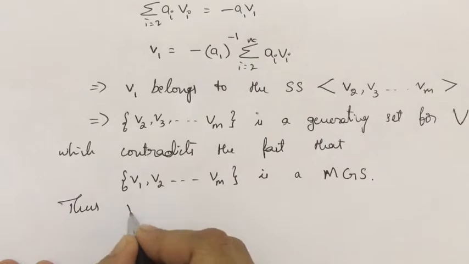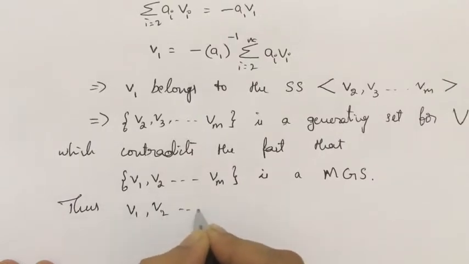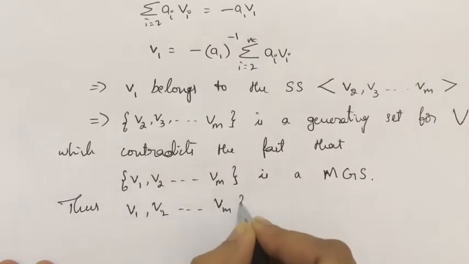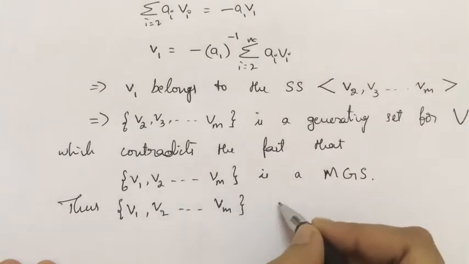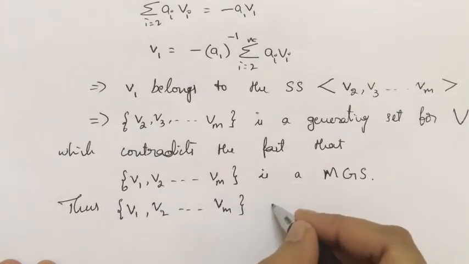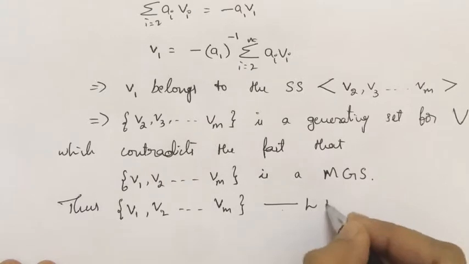Thus, v1, v2, up to vm, I have assumed that this set of vectors is linearly dependent. So this assumption is wrong. Therefore, this set of vectors is linearly independent.